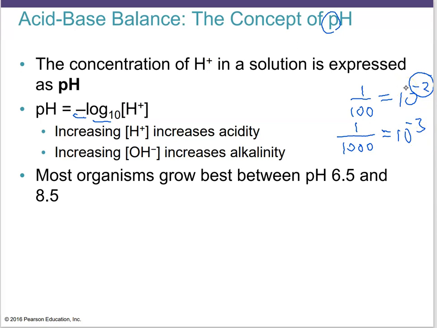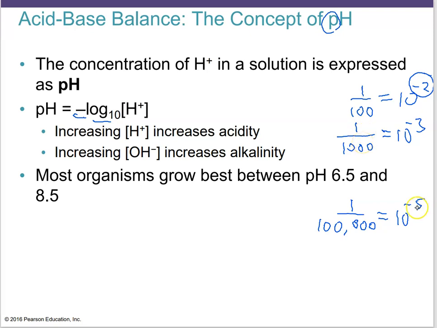Let's use one more example. Let's say 1 out of 100,000 molecules in a bucket of water is a hydrogen ion. So now, as an exponent, we're going to write this as 10 to the minus 5, 1 in 100,000. Clearly, 1 in 100,000 is much less of a concentration than 1 in 100 or 1 in 1,000.